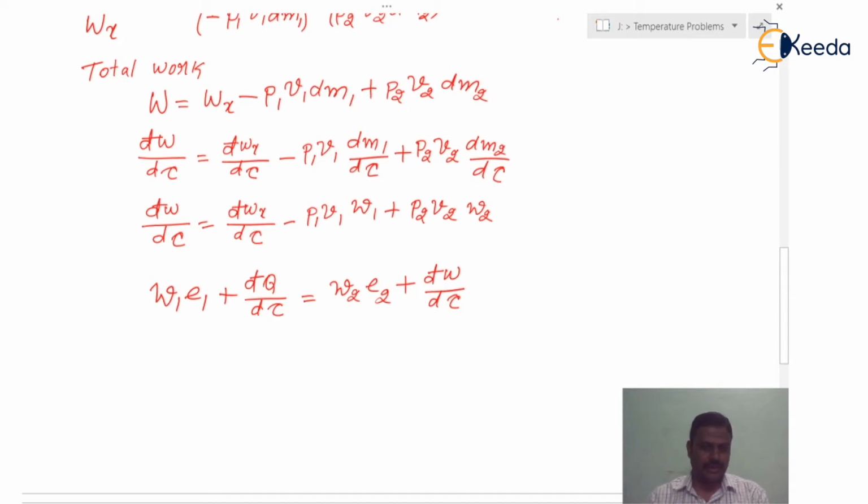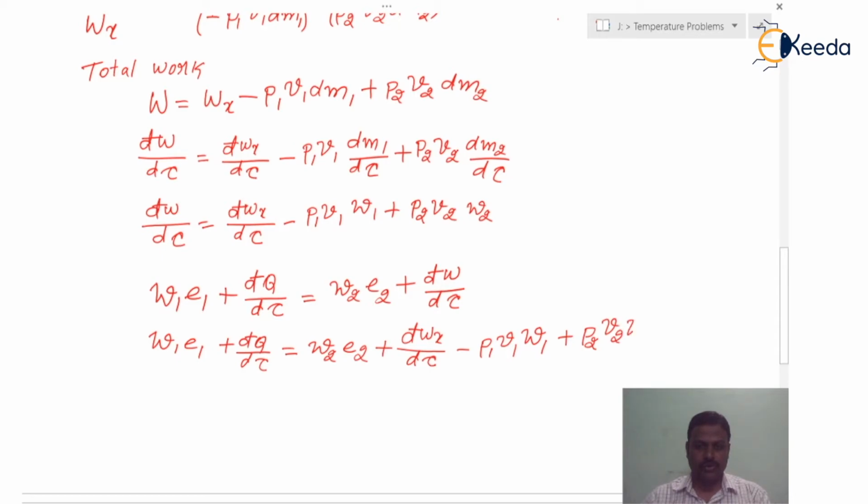So this can be written as w1 E1 plus dq divided by d tau equal to w2 E2 plus, in the place of this dW divided by d tau, let's write down this term, that is dWx divided by d tau minus P1 V1 w1 plus P2 V2 w2.